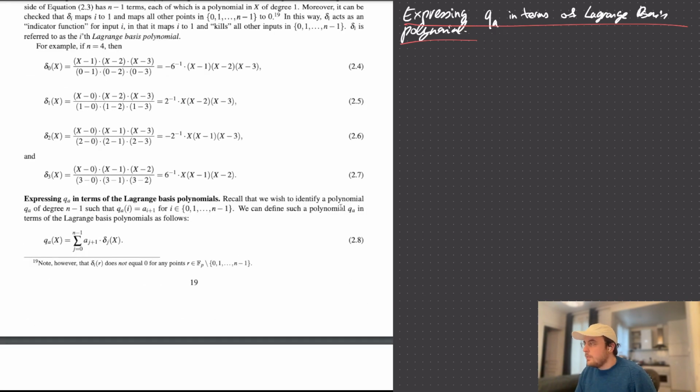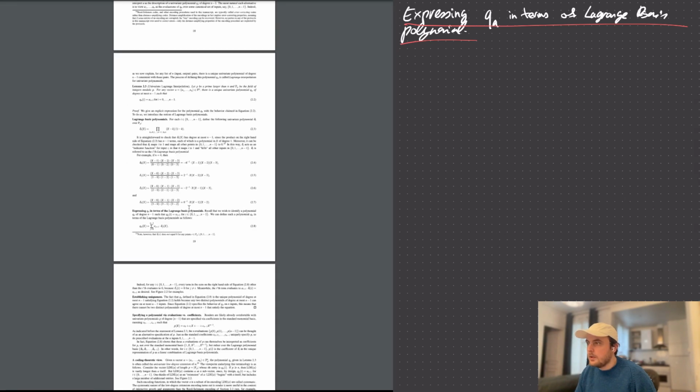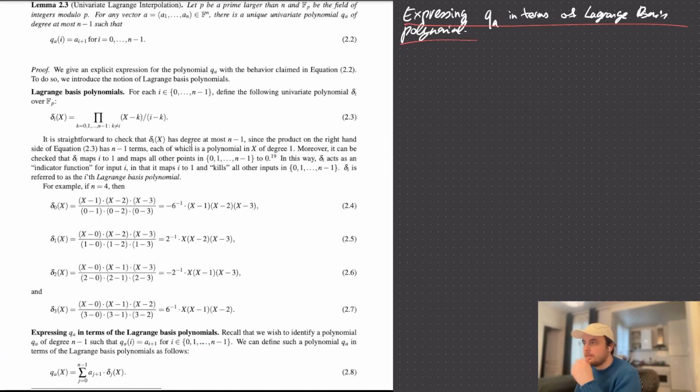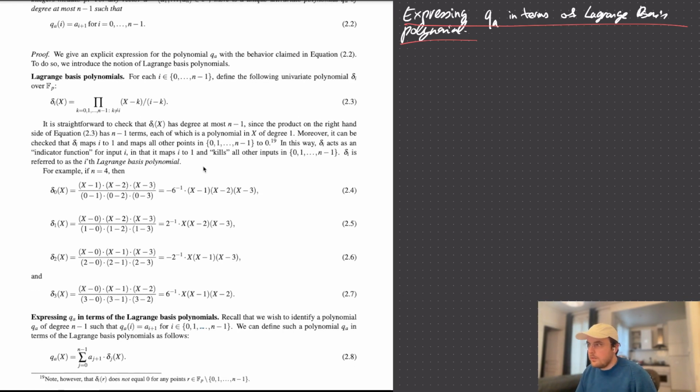We define such a polynomial Q of A in terms of the Lagrange basis polynomial. Okay, I think I just skipped this part and it seems important.